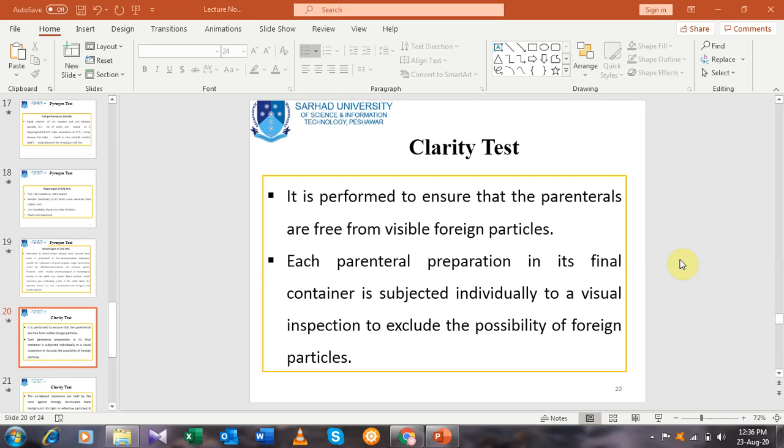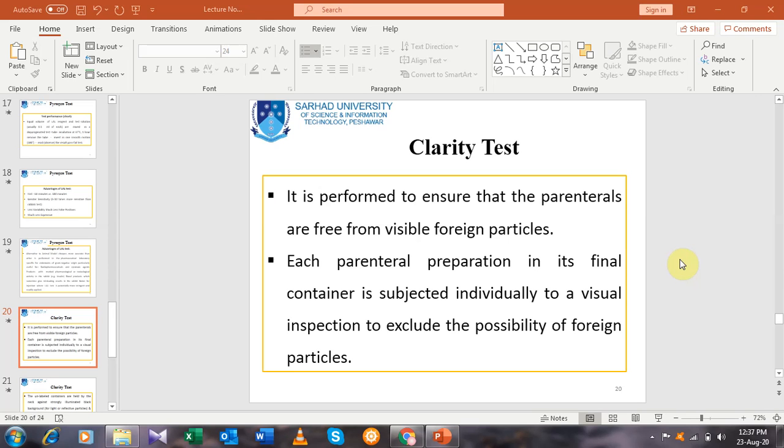There should be no visible particles in the formulation. Each parenteral preparation in its final container that we have formulated is subjected individually to a visual inspection by the eye to exclude the possibility of foreign particles.